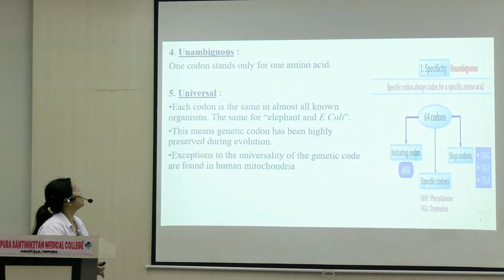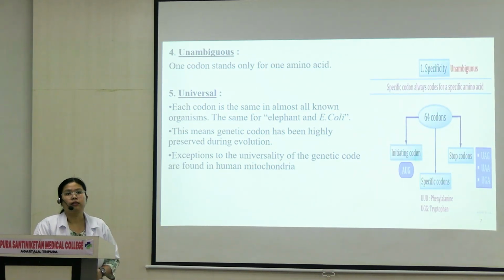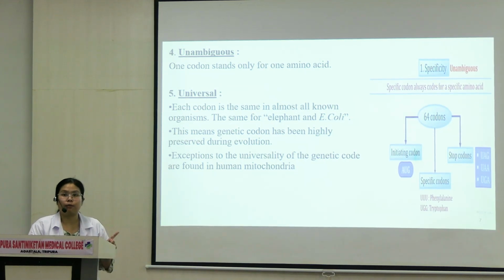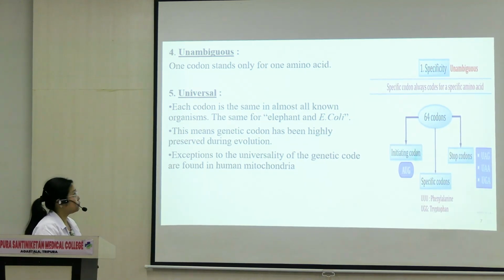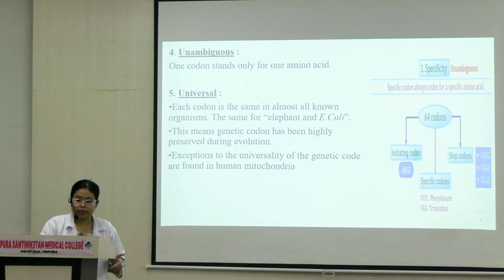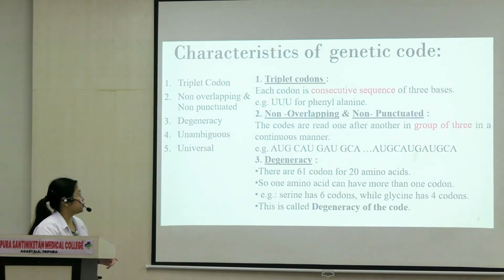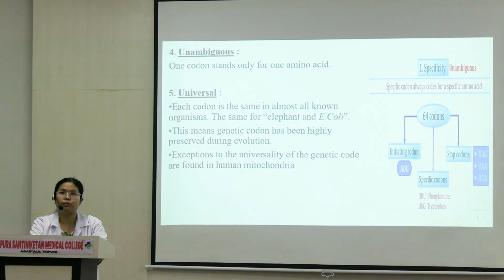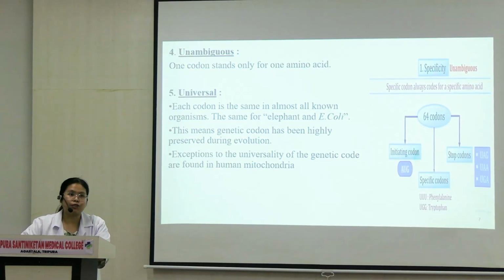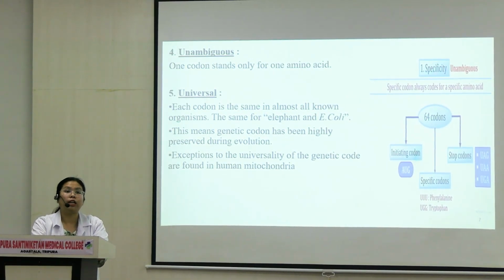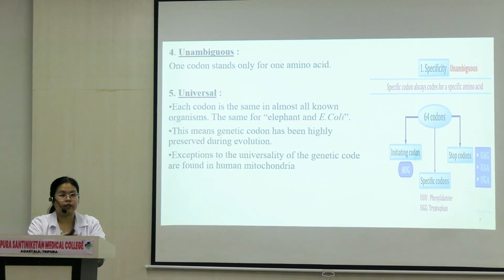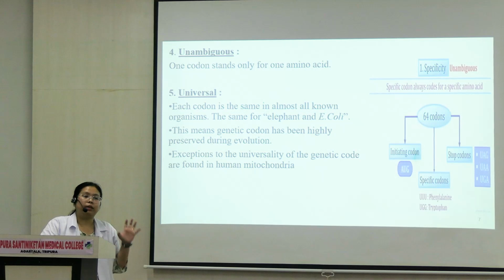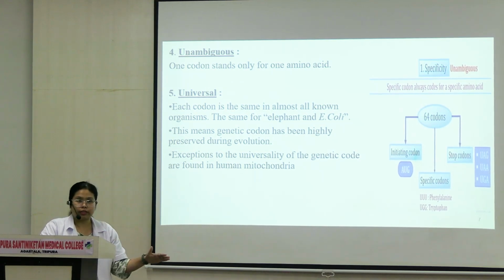दूसरा, fourth है unambiguous, meaning it is specific. Each codon is specific for one amino acid. So we have said glycine over here is represented by 4 codons. Glycine के 4 codons है, is represented by 4 different codons, but for each of those codons, they only code for glycine. For example, let's say there is a mother has 4 different children. Okay, mother is represented by 4 different children, right?